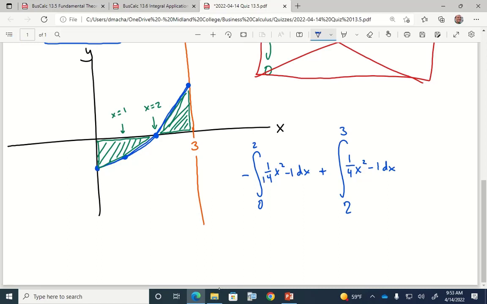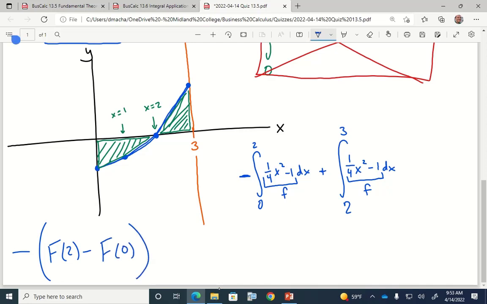Now again, inside the integrand, I'm calling this function lowercase f. In fact, that's what my little problem tells me to use. But basically, if I want to evaluate the first definite integral here, of course I put the negative sign in, and then I want to calculate the antiderivative evaluated at the upper bound minus the antiderivative evaluated at the lower bound, like that.